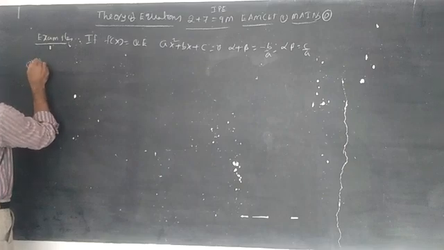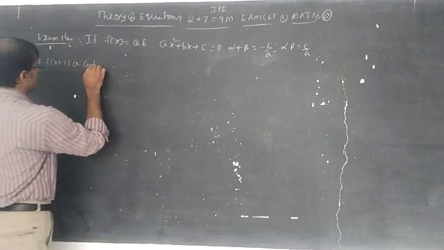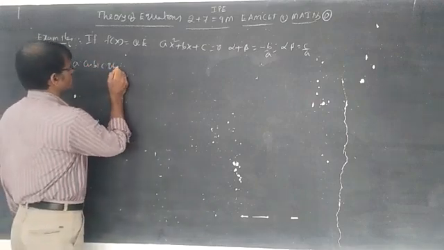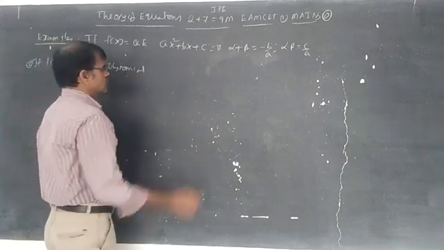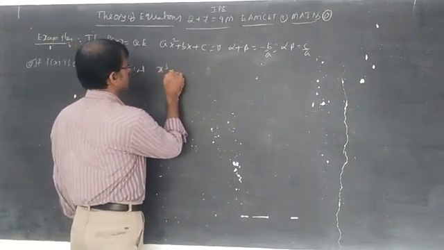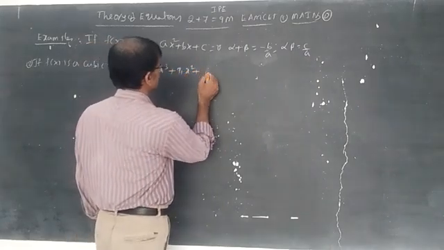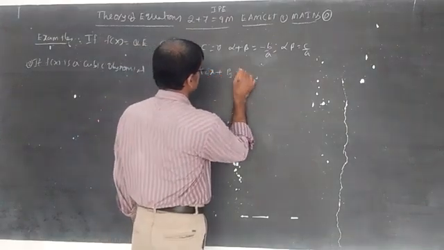Second one, if f of x is a cubic polynomial, that is the general notation I want to discuss: x cube plus p1 x square plus p2 x plus p3 equal to 0.